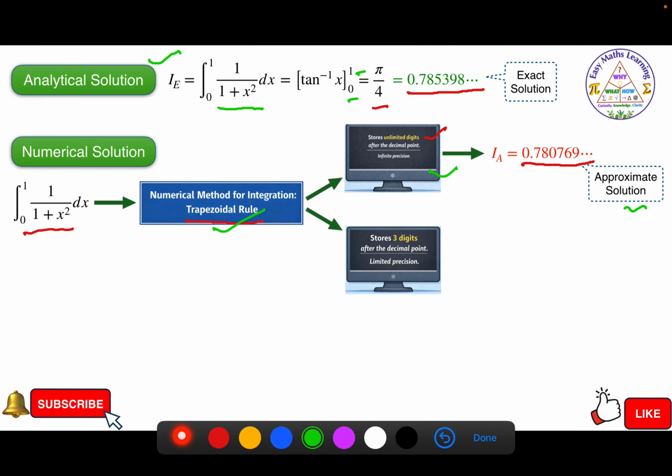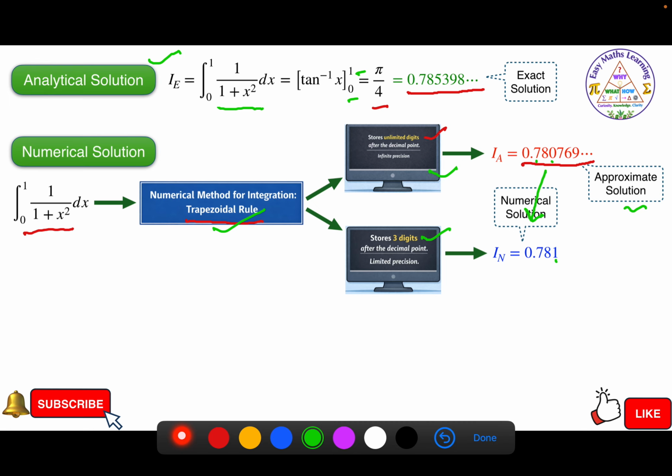But in real life, computers can store only limited digits. So if the computer stores only 3 digits after the decimal point, then this approximate value becomes now 0.781, means 3 digits after decimal point 78, and after rounding we are getting 1 here, which is numerical solution.